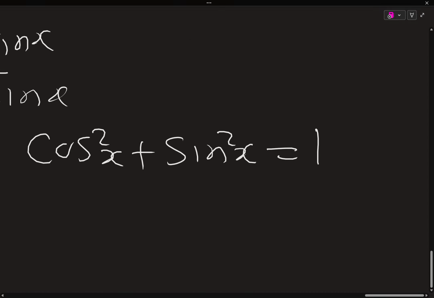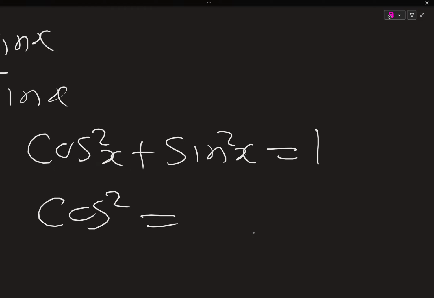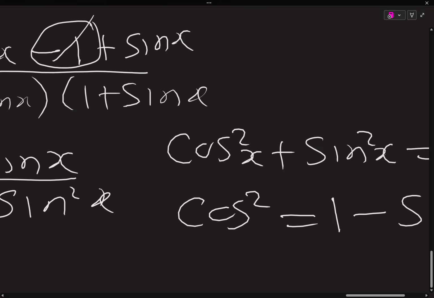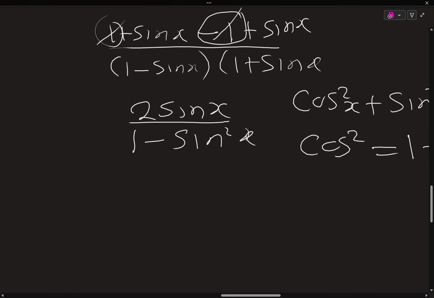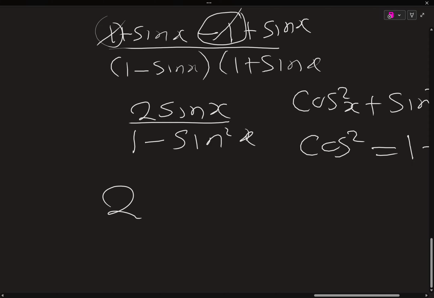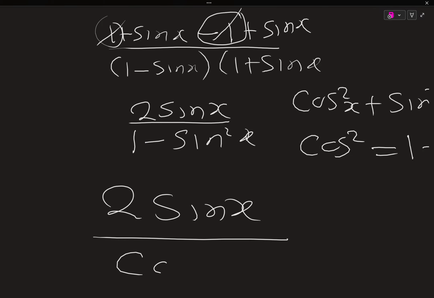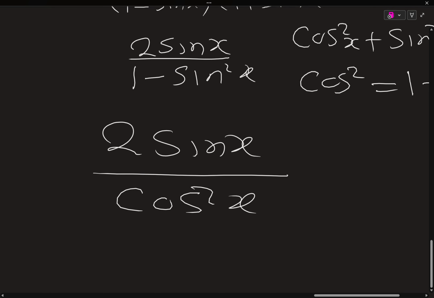Let us make cos the subject of the formula. Since I can see that I have this there, I can replace it with cos. So it's simply going to be 2 sine x over cos squared x. There's no problem there.